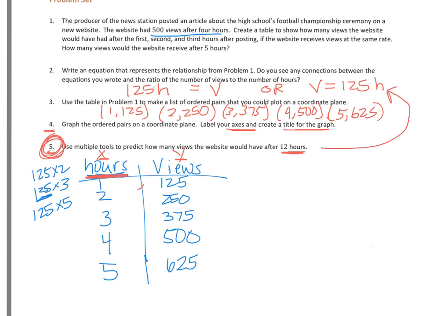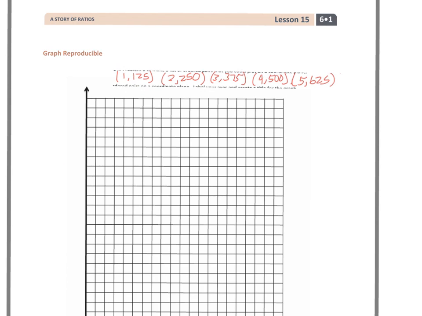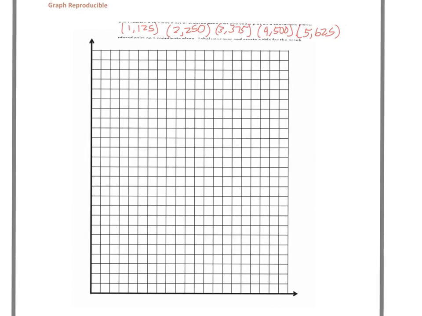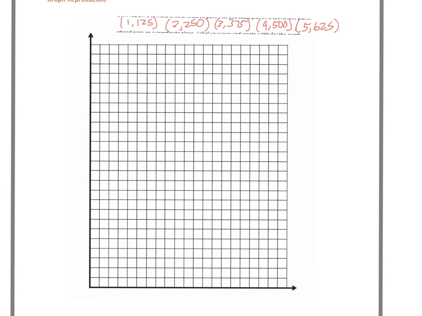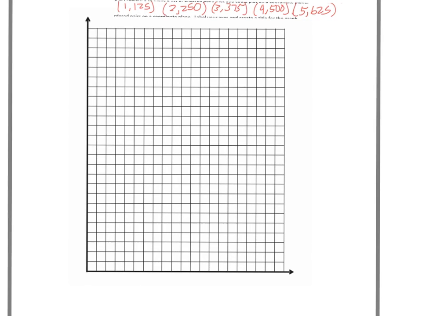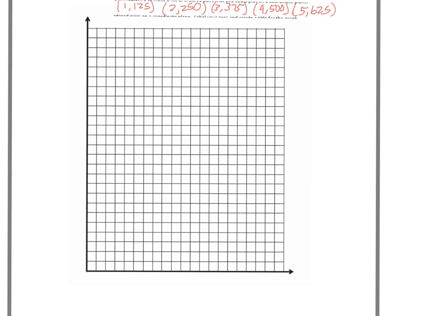So let's go to page 2 and take a look at this. And here we are on page 2, and we're going to take this graph paper and create a graph based around my coordinates that I created. And I brought those over with me. So the first thing I have to do is label my x and y. So there's my x and y, and then I want to label what is going to go on the x and y.